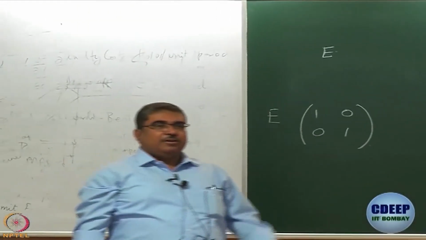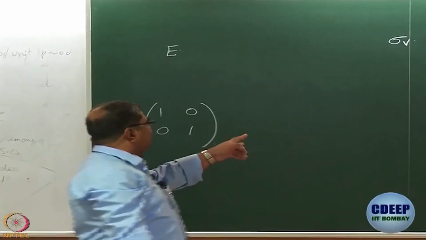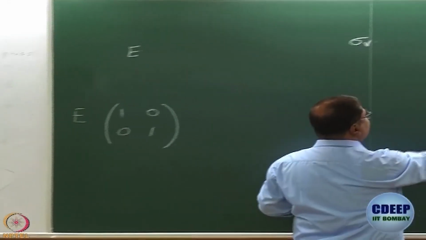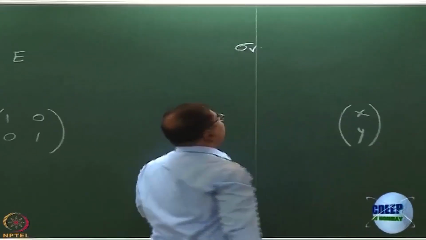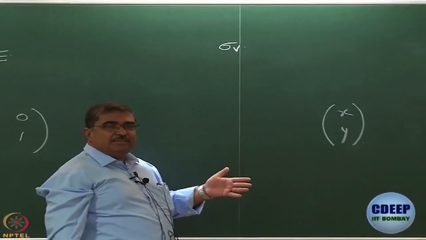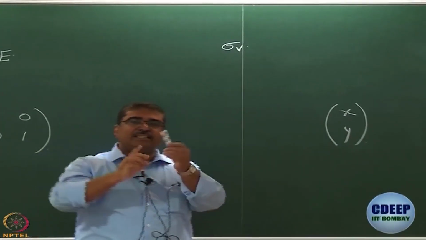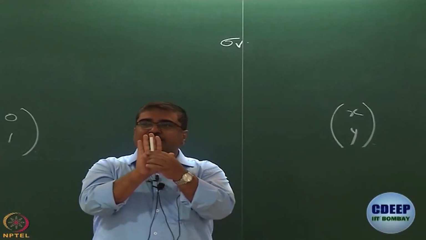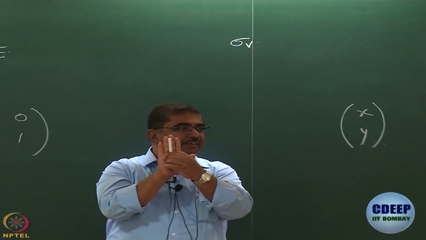Of course, I can take sigma V anywhere, right, and what is the basis we are using? We are using the basis x, y. So, let us take any sigma V, it does not matter. The only thing that we have to remember is that your C3 axis is z. So, the plane that you take as sigma V must contain z in it, right.